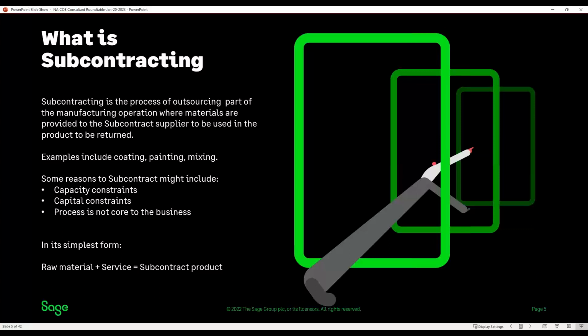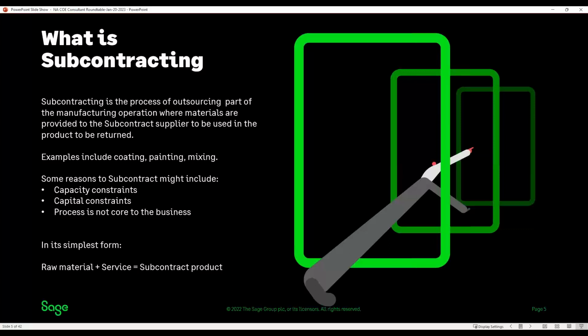It may be capital constraints, where the cost of equipment may be prohibitive. And it also may be processes not core to the business. So think of maybe powder coating, or any other coating of metals, where it's a specialty operation and it doesn't always make sense to have facilities within your manufacturing operations to perform that.